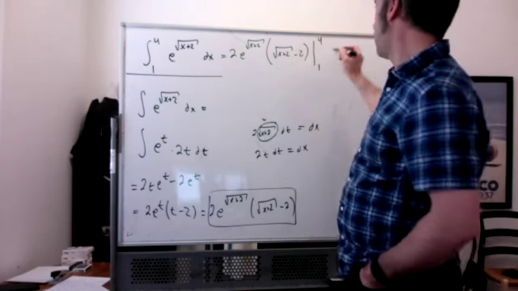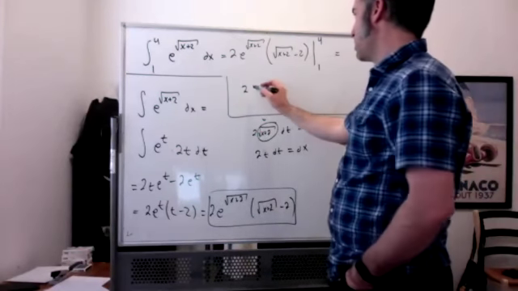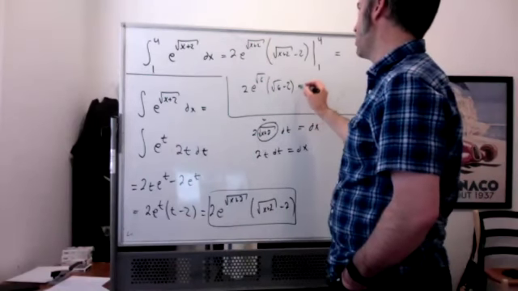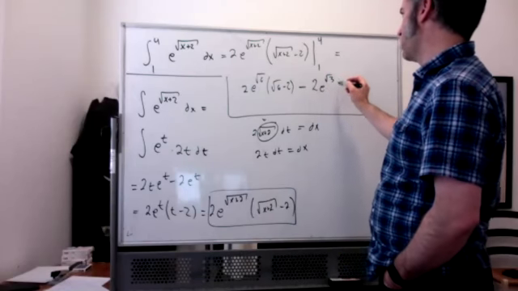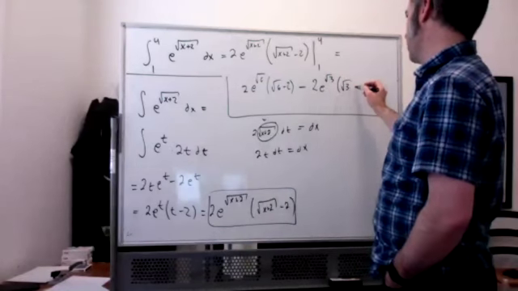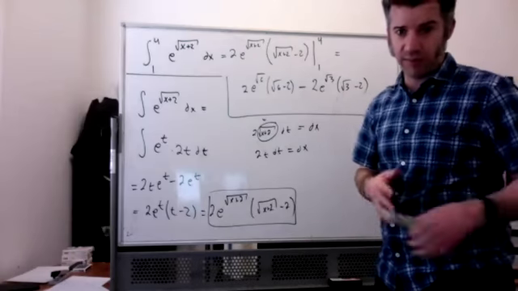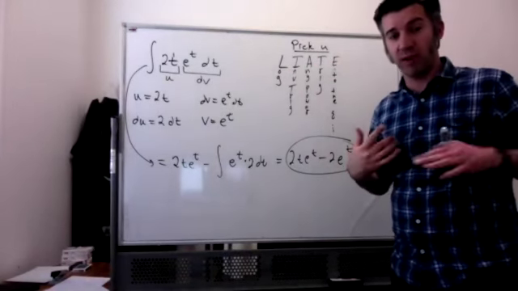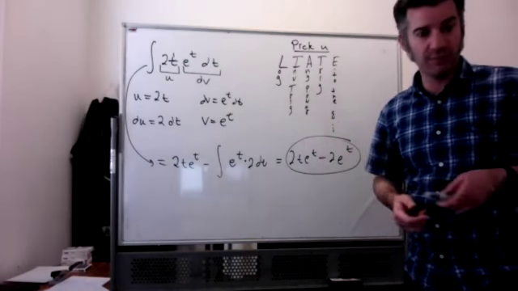So you plug in 4, you get 2e to the square root of 6 times the square root of 6 minus 2, minus you plug in 1, you get 2e to the square root of 3 times the square root of 3 minus 2. It's a gross problem. But to answer your question very, very longly, the whole idea is it's the order in which, if you think the problem is integration by parts, it's the order you try picking what your u is.